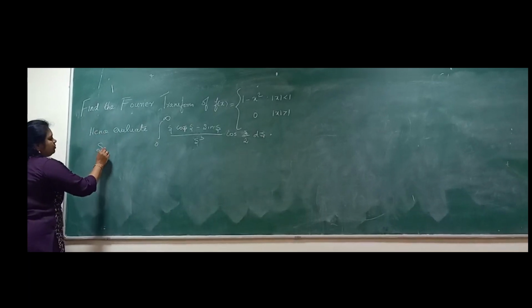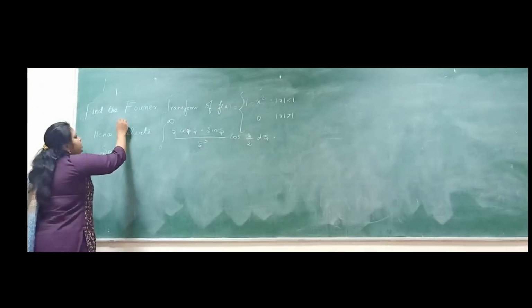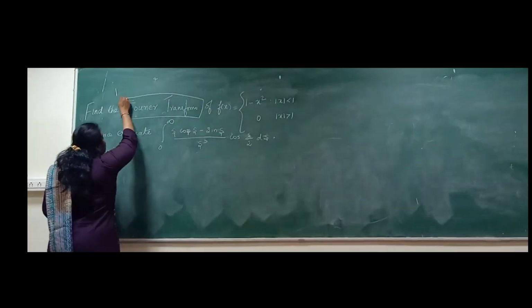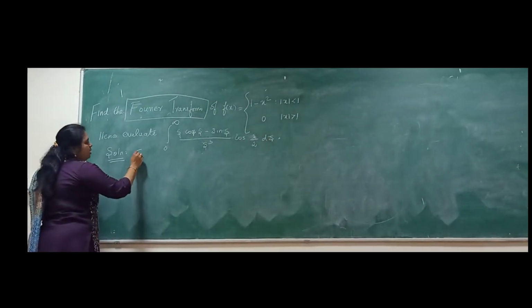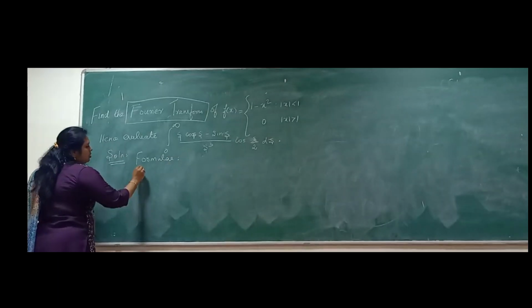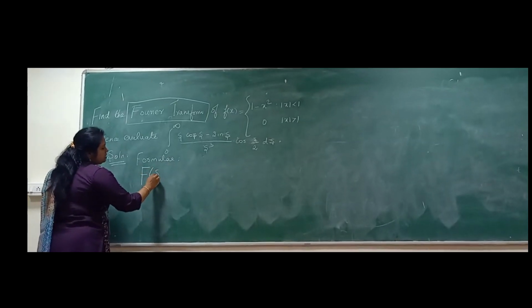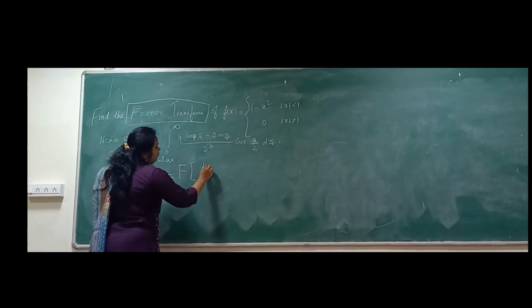So, solution. The question is about the Fourier transform, so you have to know the formula. The formula is capital F of s, the transform of small f of x.